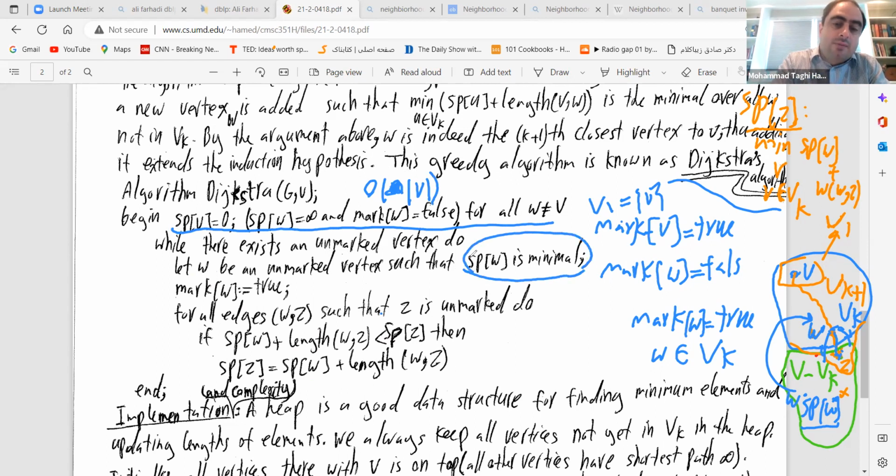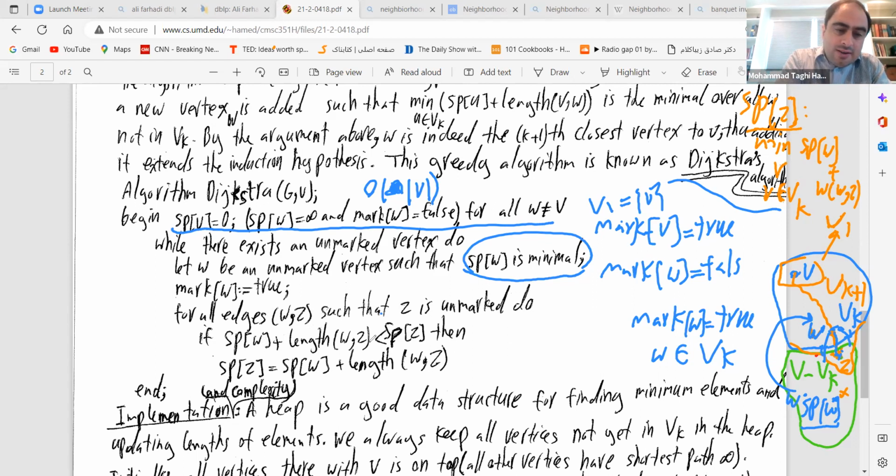For this step, we need to see the running time, and we will talk about it. We need to find a vertex in V minus VK such that SP of W is minimized. Then what do we do? This part is easy. For all edges WZ such that Z is unmarked, if the path that goes through W is shorter than the estimate for Z, then update it.